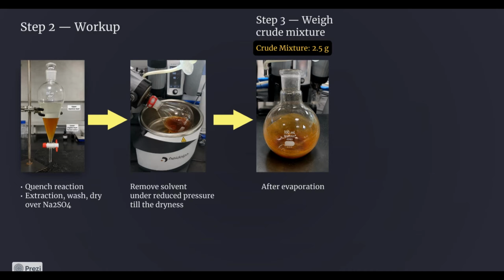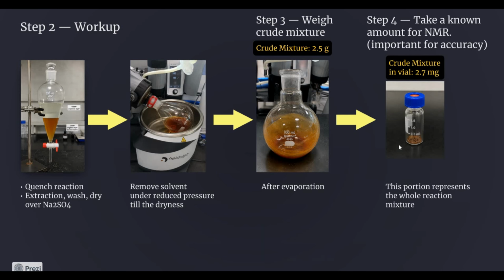It is very important to know the amount of the crude in the flask. So let's say this is 2.5 gram. After evaporation, we have 2.5 gram of crude mixture. Then you have to take a known amount of this crude mixture.